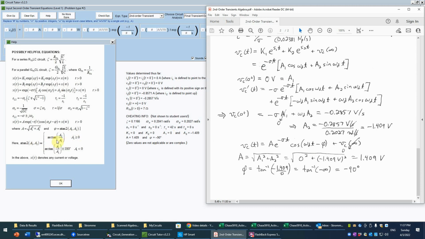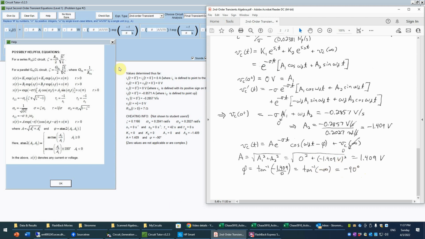It becomes the arctangent of A2 divided by A1, the inverse tangent of negative 1.409 divided by 0, which is negative infinity. If you remember on the unit circle, that would be minus 90 degrees, where the cosine goes to 0 but the sine goes to minus 1. So that's minus 90 as our angle.